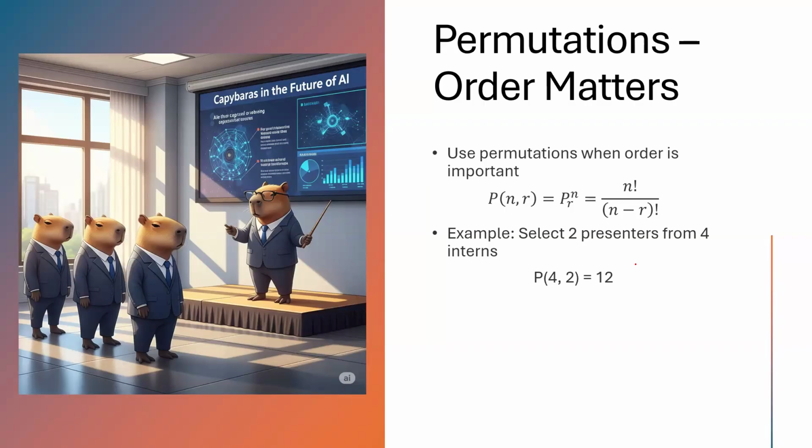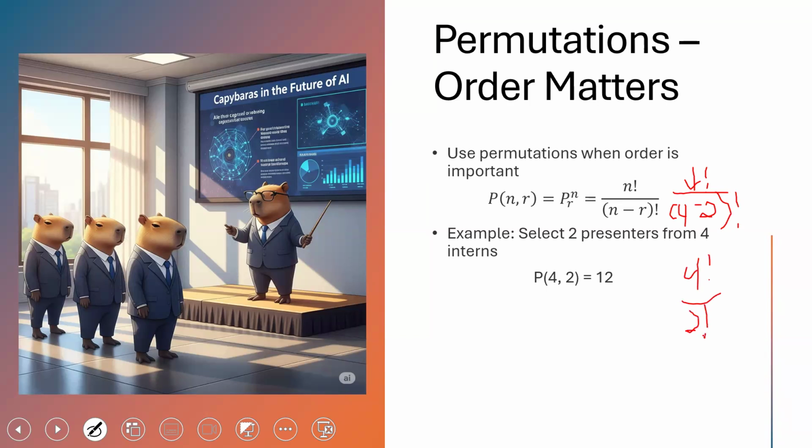So using the formula, the number of different ways we can order the 2 speakers out of the 4 possible interns is 4 factorial, our number of interns, over 4 minus 2 factorial, or 4 factorial over 2 factorial.